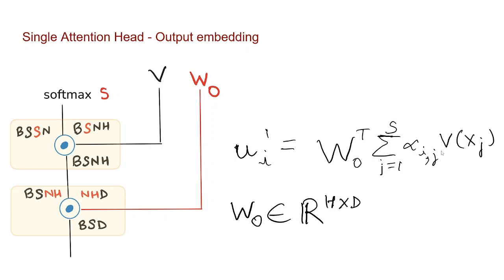The output of this is H-dimensional, and we convert it to a D-dimensional vector by multiplying it with the output weight matrix. So the output weight matrix is H by D dimension. This is also done because, as we said, the input and the output of the transformer block, and even the self-attention module, have the same shape.